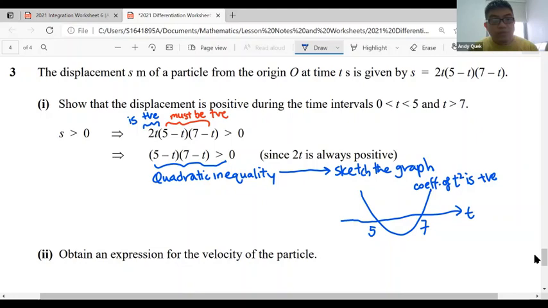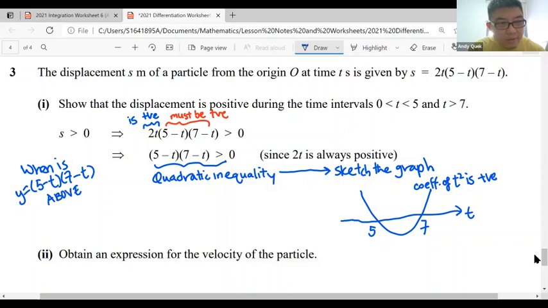Okay. So when you solve this quadratic inequality, what you are saying is when is y equals left-hand side, greater than means above, y equals right-hand side.